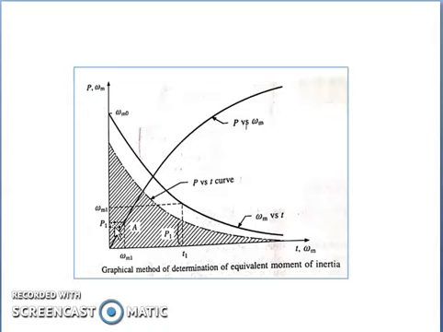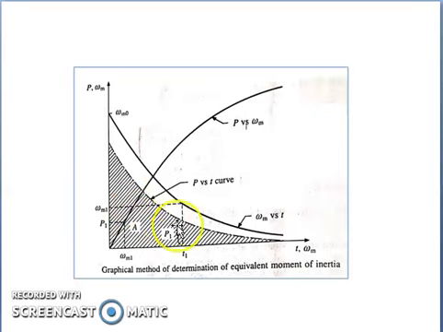Now this plot, that is rotational loss versus speed and plotted against t1, is nothing but the area P1 and omega m1. Now this area A is enclosed between the rotational loss versus t plot and the time axis, and is the kinetic energy dissipated during the retardation test.